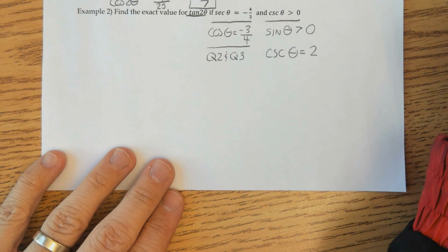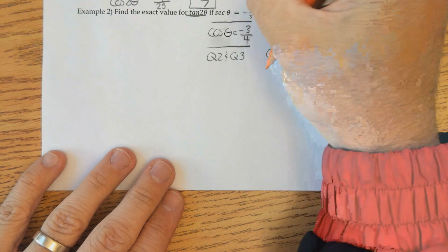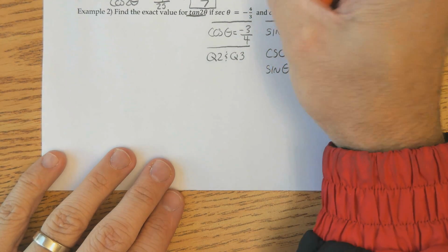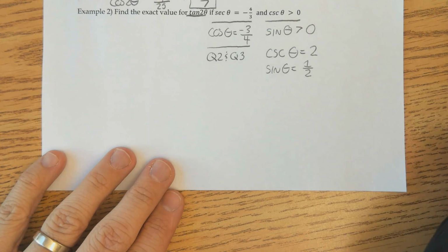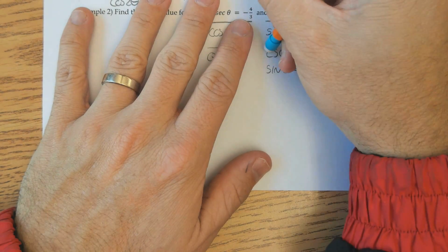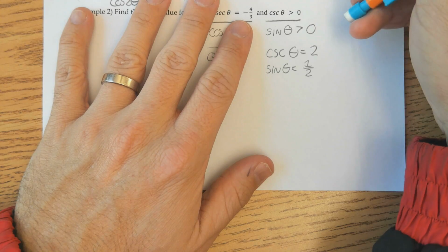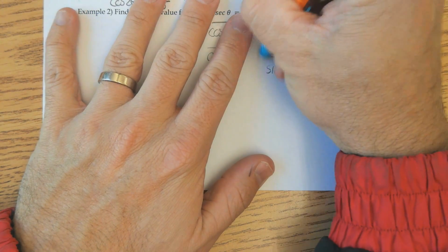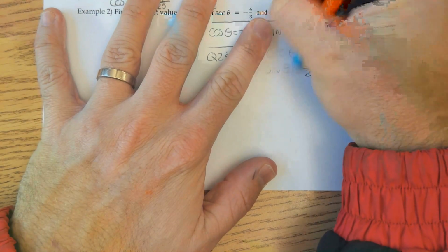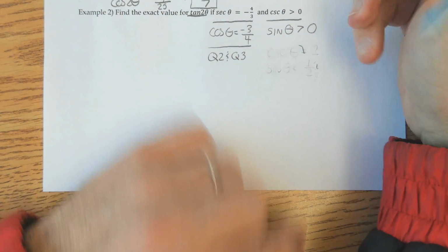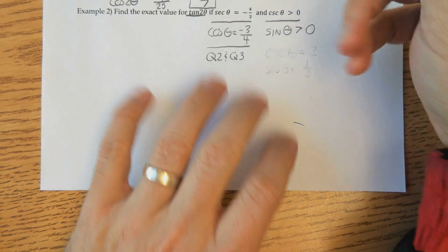If you were to find sine theta, all you would do is flip it, and you would find that sine theta is equal to 1/2. And what do you notice there? The signs did not change. Sure, the values did because we're finding reciprocals, but the signs did not. So based on those facts, I can say that sine theta is greater than 0.